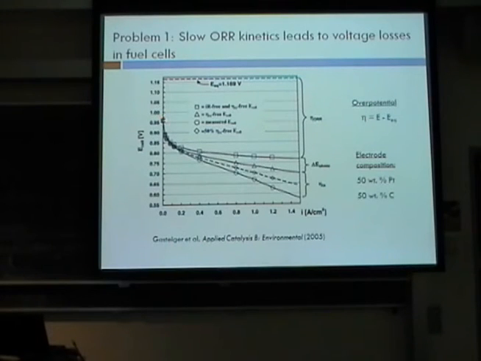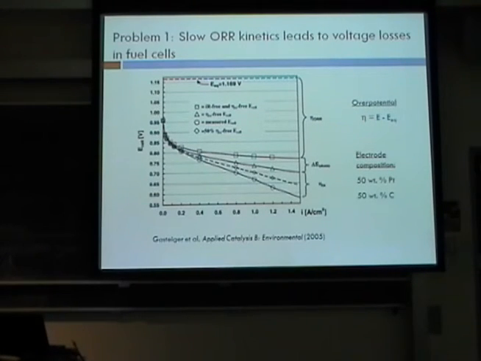And as you increase the current density, so how much of the reaction is occurring, you get this very steep drop-off in the voltage that you can achieve across your device, which of course limits your power density. And what you'd like to have is a line that goes straight across so you can operate at high currents and still have high voltage so that you have good power.